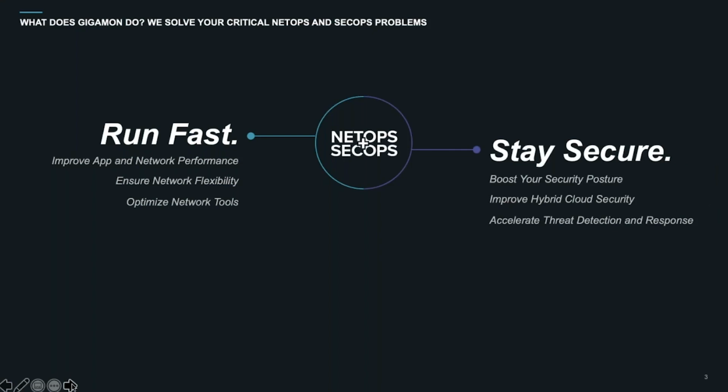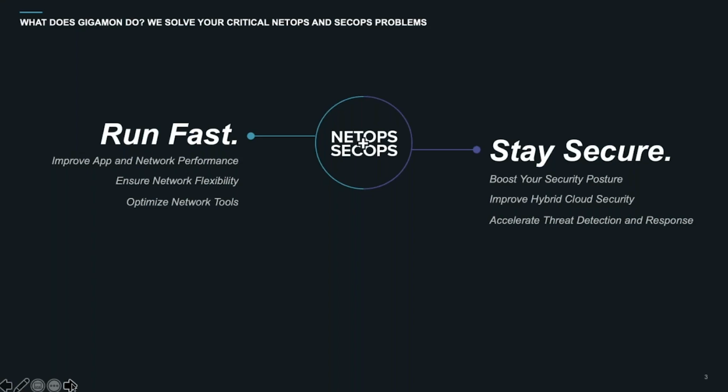Really, an organization should never have to choose between the ability to deliver the performance they need or the ability to stay secure. So over the last few years, one of the things that Gigamon has been building out are our security capabilities.